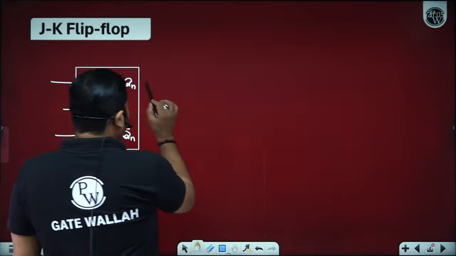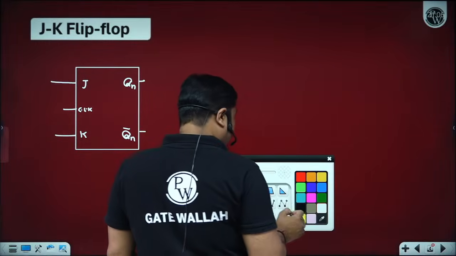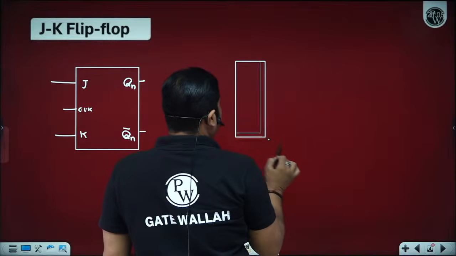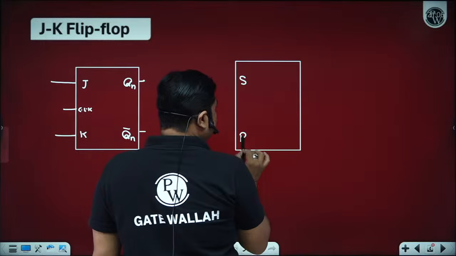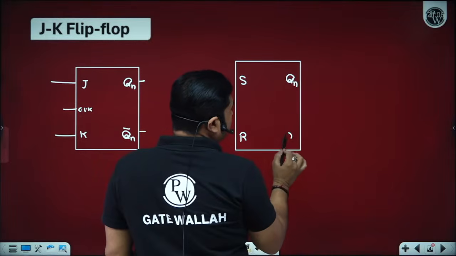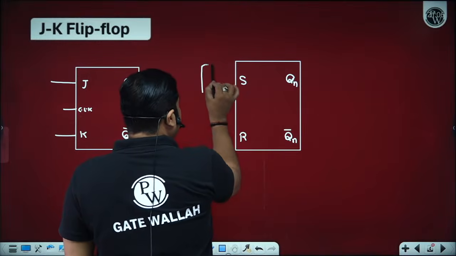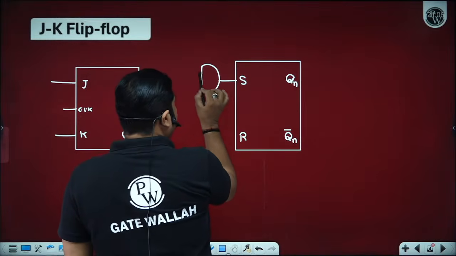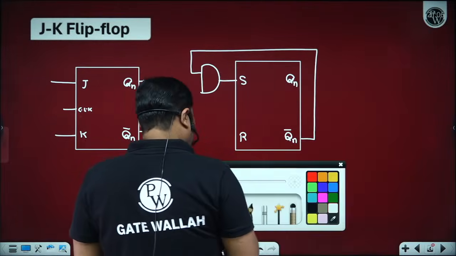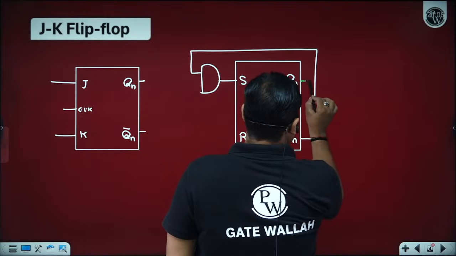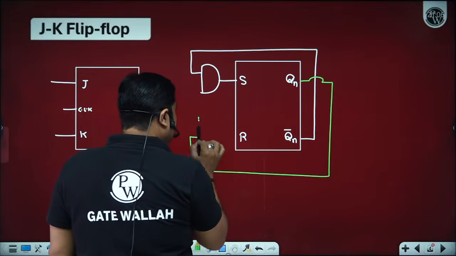Now if you observe how this JK flip-flop is designed, it can be designed by using SR flip-flop only. So we all know about SR flip-flop, and we all remember the truth table of SR flip-flop. In SR flip-flop, we use one AND gate at the input of S with one input connected as Qn complement, and another AND gate at the input of R with one input connected as Qn.